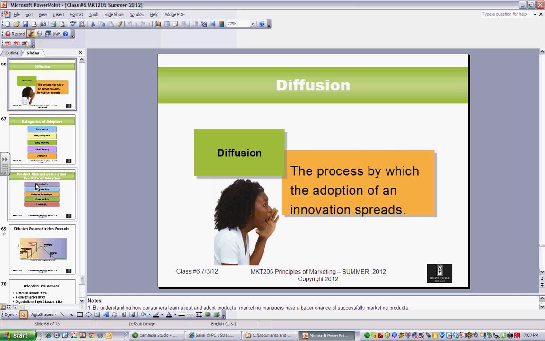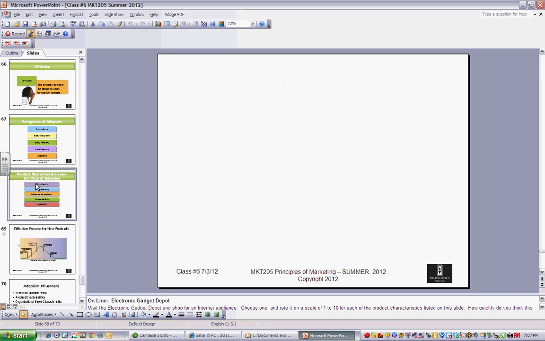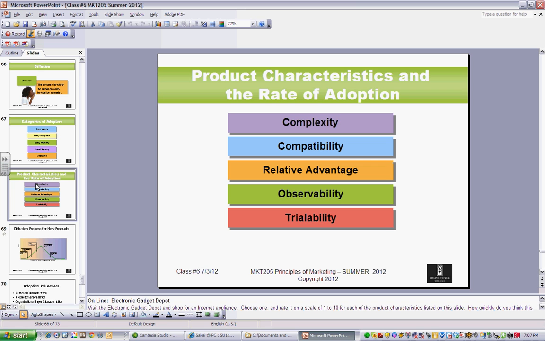The next set of slides talks about how products make it out there and how people adopt them. This is a process called diffusion. There are 5 different categories: innovators, early adopters, early majority, late majority, and laggards. A lot of the rate of adoption has to do with how complex the product is, how expensive, how compatible it is with what you have now. Do you have to get rid of your whole investment in order to switch over?